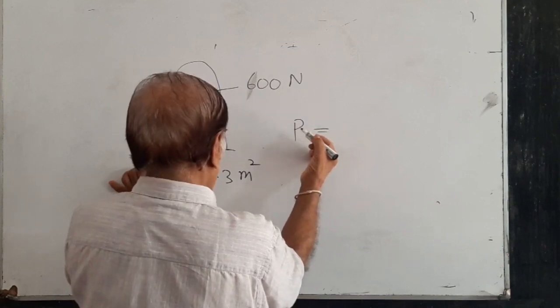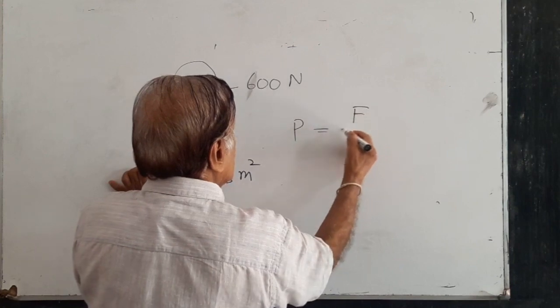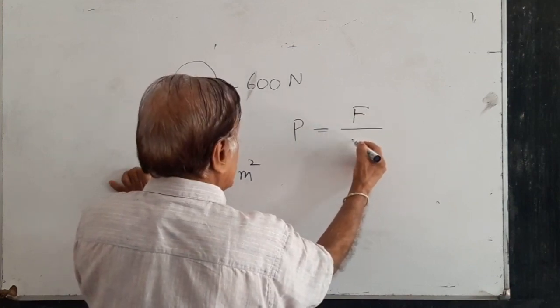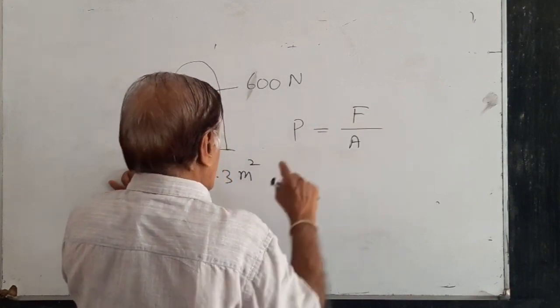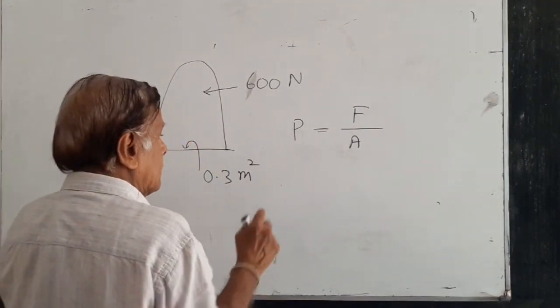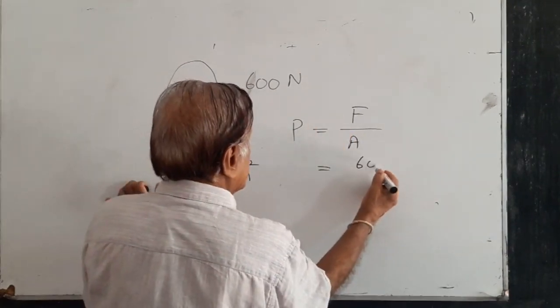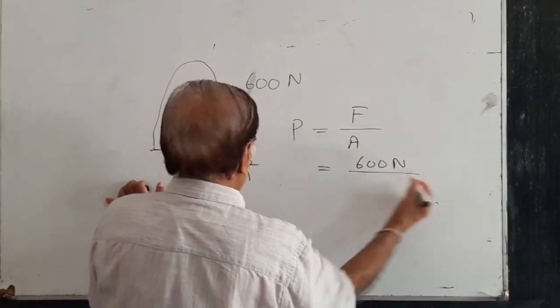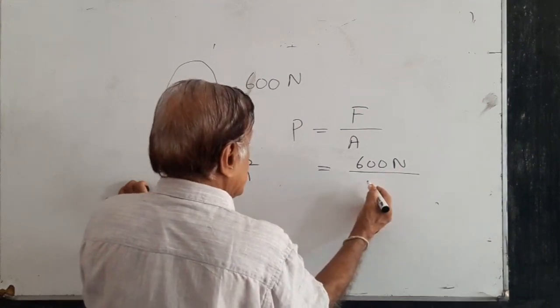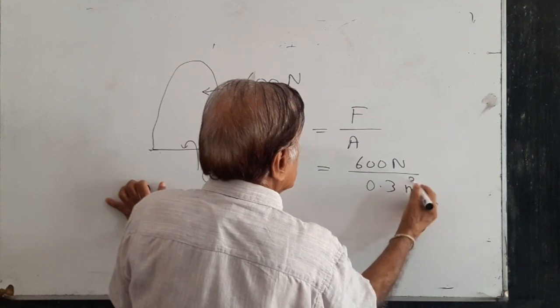Pressure can be calculated by dividing the force by the area. Weight is also a force. Therefore, weight is 600 newtons. Area is 0.3 square meter.